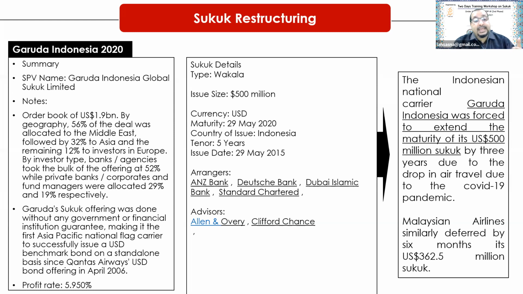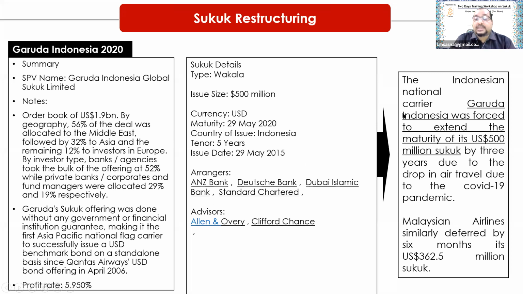It made it the first Asia Pacific national flag carrier to successfully issue this in USD, of course a 500 million size with a profit rate of 5.9. Currency USD, maturity 29 May, country Indonesia, tenure 5 years, and date of issue 29.